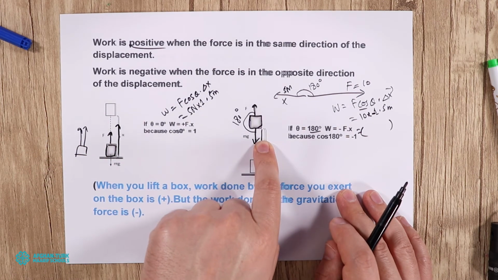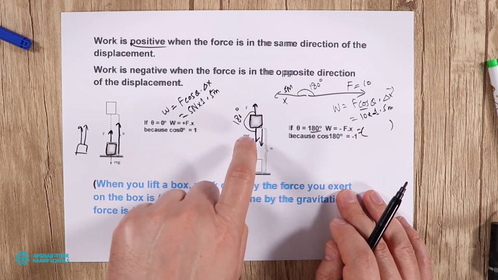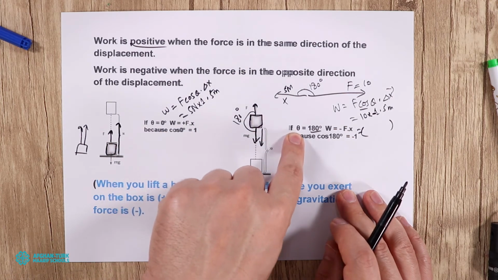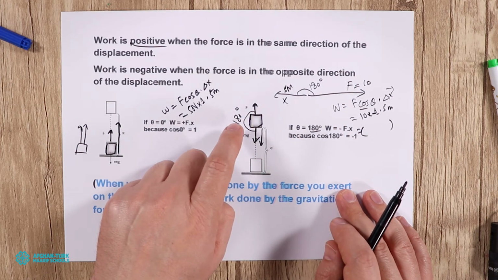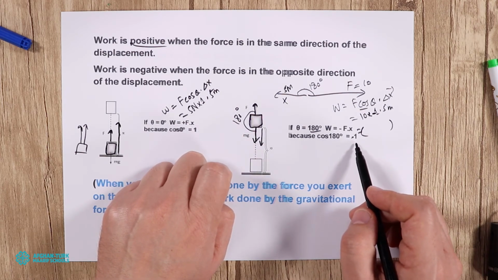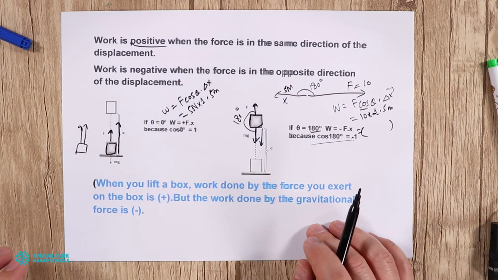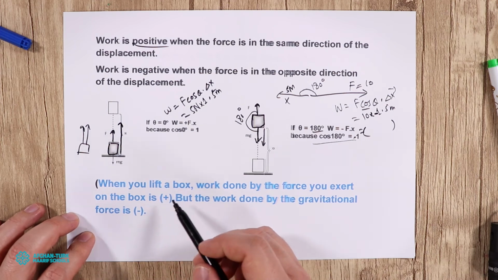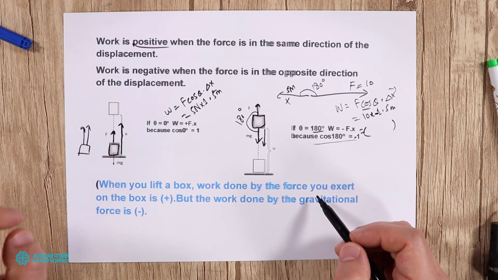When the force is in one direction but the displacement in another, the work done will be negative because theta is 180 and cosine 180 is equal to minus 1.